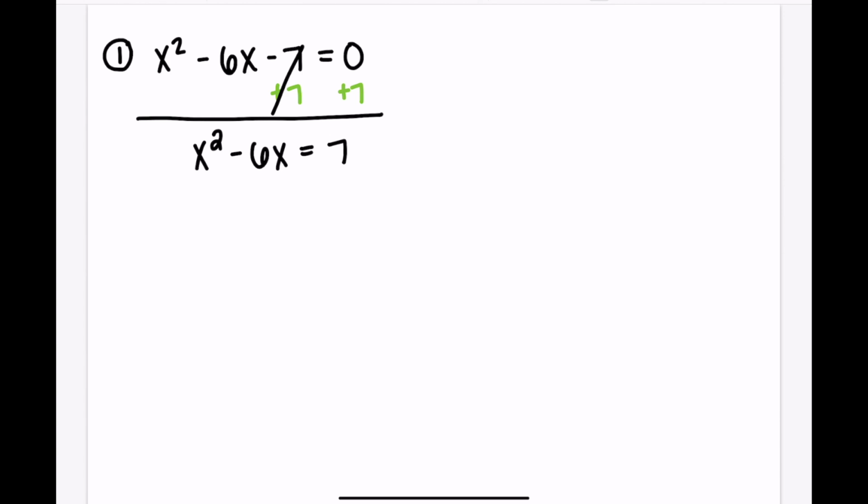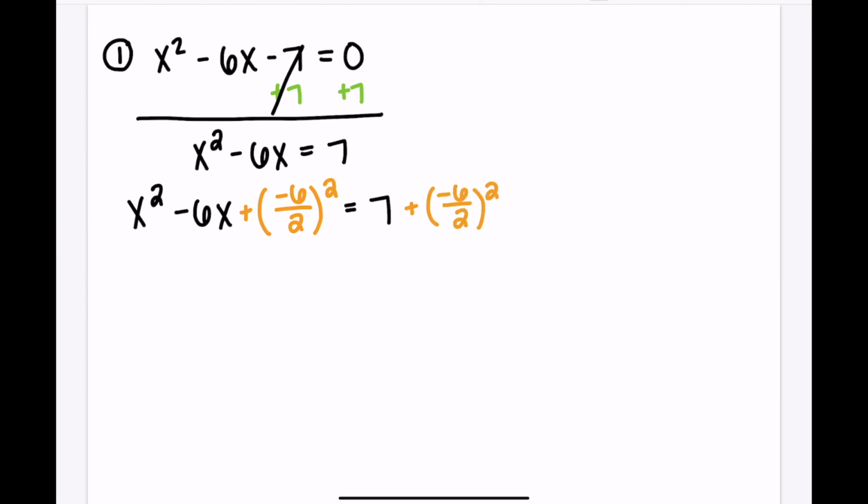So what we're going to do is fill in our new c value by taking negative 6 divided by 2 squared. And then we're going to add that on the other side as well. All right, and at this point we can just simplify, and then the next step is just to solve by the methods that we already know how to use.